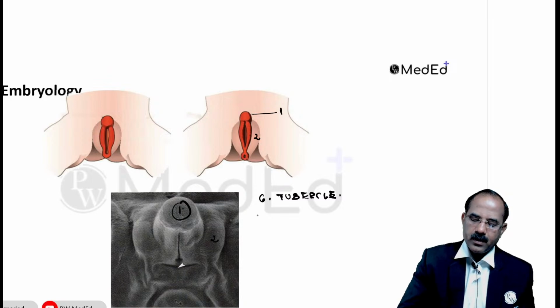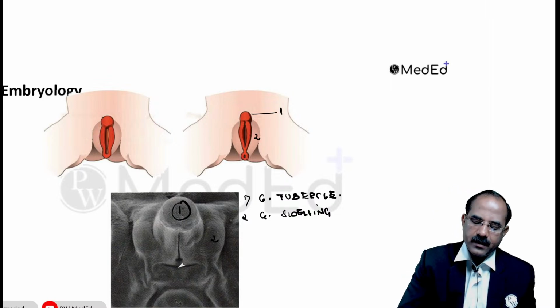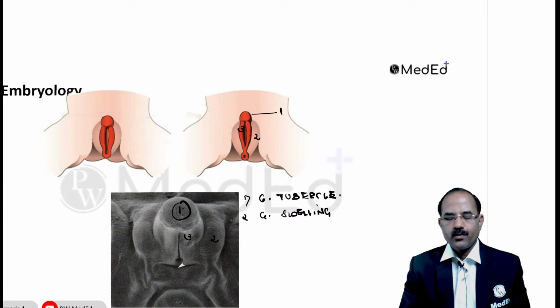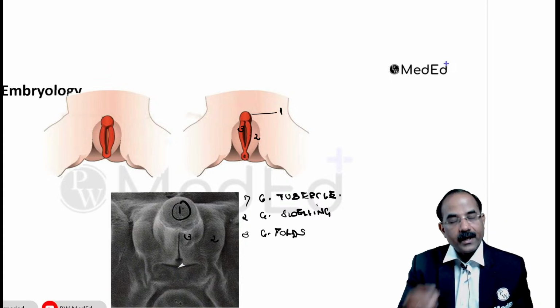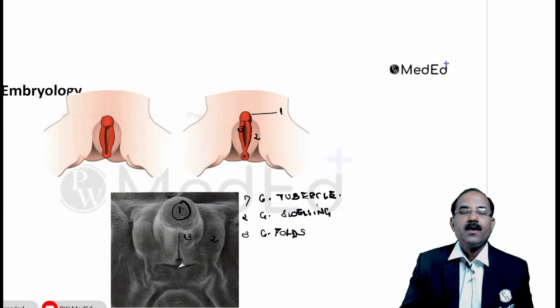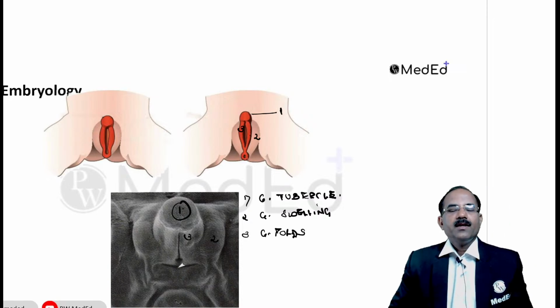Number 2 is genital swellings. What will genital swellings form? The scrotum and the labia majora. Number 3 is the urethral folds, the genital folds. What is it going to form? It forms the ventral aspect of the penis in males and labia minora in females. Clear to all of you, students?